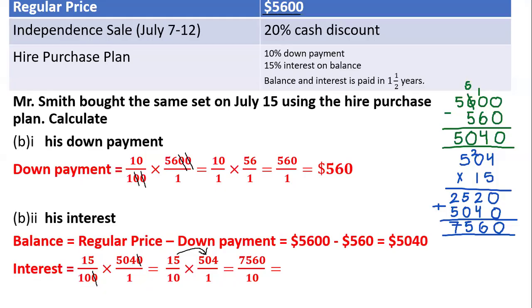So we cancel out this 0 with that 0, which just gives us $756 over 1, which equals 756. And that is going to be the interest.